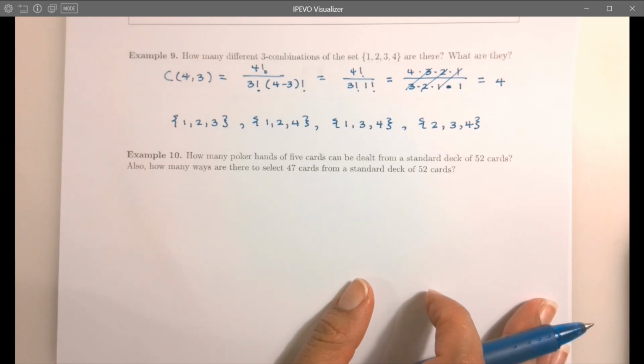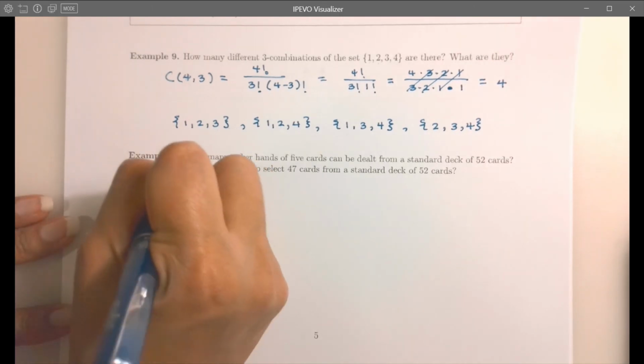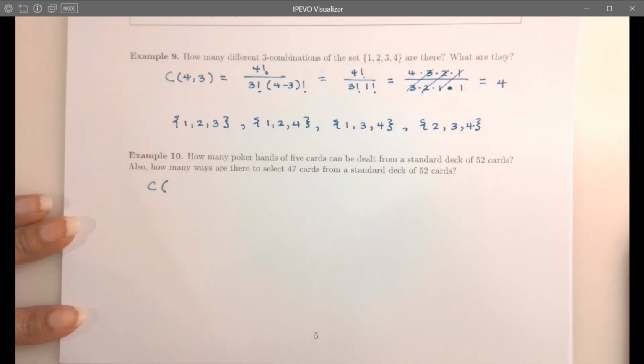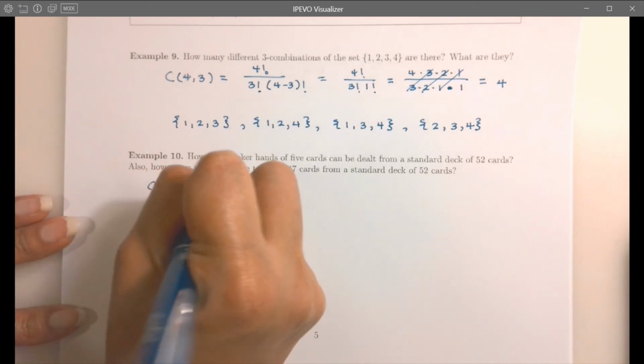All right, example 10. How many poker hands of 5 cards can be dealt from a standard deck of 52 cards? Also, how many ways are there to select 47 cards from a standard deck of 52 cards? Okay, so the total number of elements that we have is 52, and we're choosing 5 out of those cards.